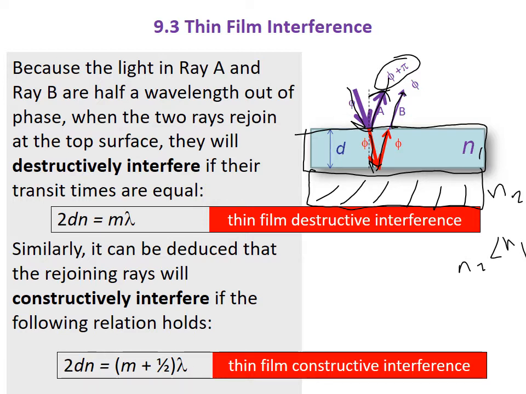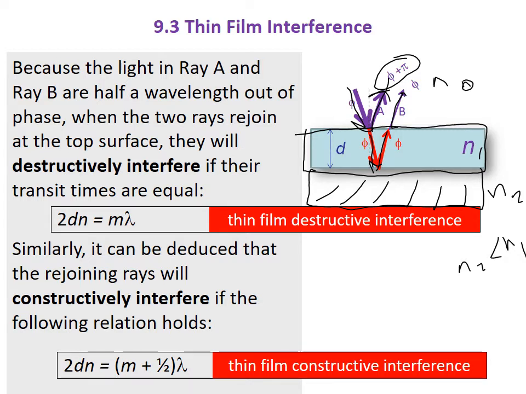So it would reflect and remain in phase with the original wave. If you want to review that, you can go back to the slides that show the two different ropes, how the wave reflects in that instance. But for A, because the index of refraction of air is so much lower than the index of refraction for oil, the A undergoes a phase change of pi.